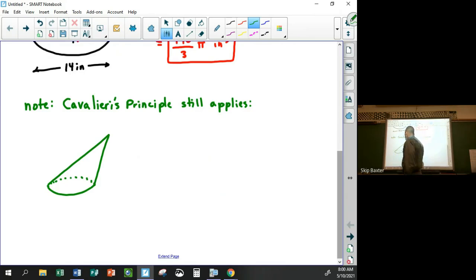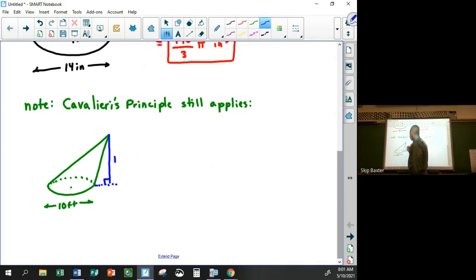So if you have a cone that's shaped like this, and let's suppose its diameter was 10 feet, and we knew the perpendicular height, this distance right here, measured to the ground next to this circular base.